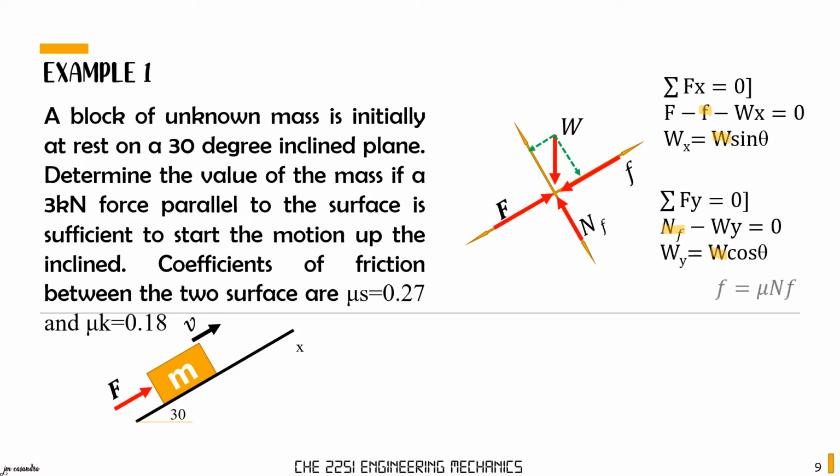So we could take the third equation from F equal to mu times NF, that is now applying the applied force 3 kN minus mu static, since we are just about to start the motion, so static 0.27 times the normal force minus WX.